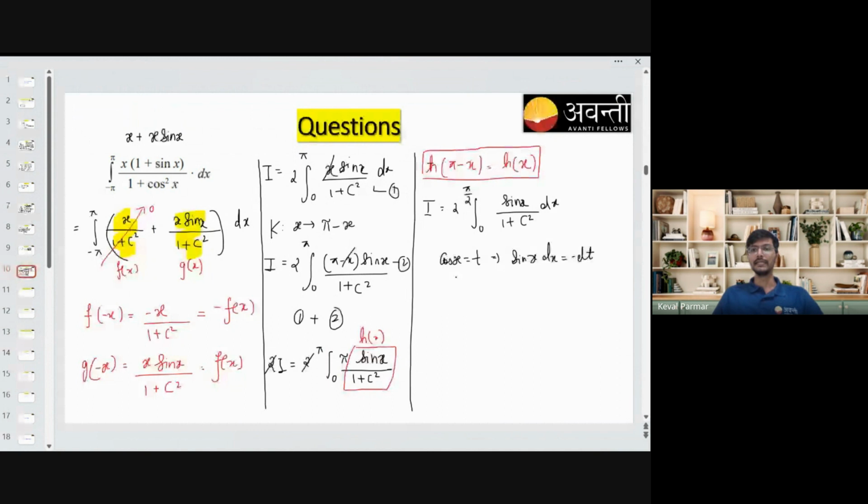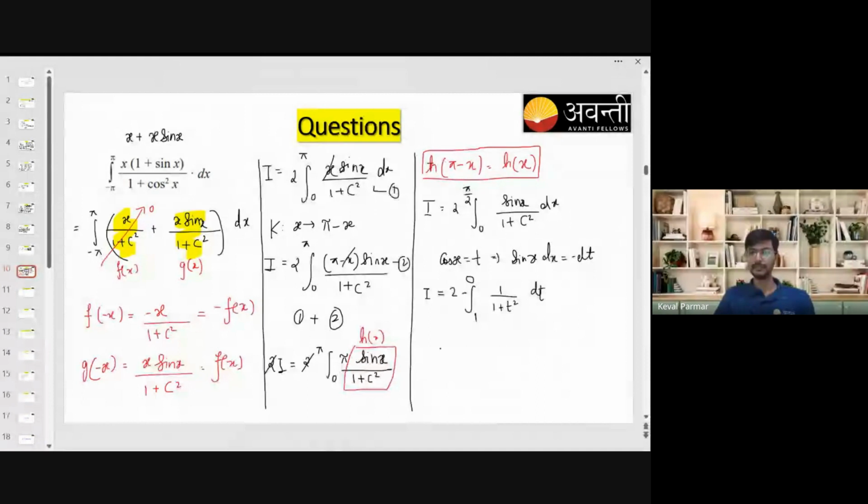So my limits will also change. So I will become 2 integration of, cos 0 is 1, cos 90 is 0, 1 plus t square into minus dt.